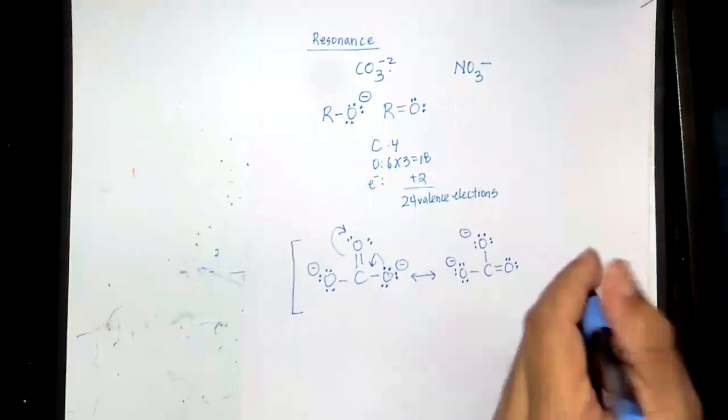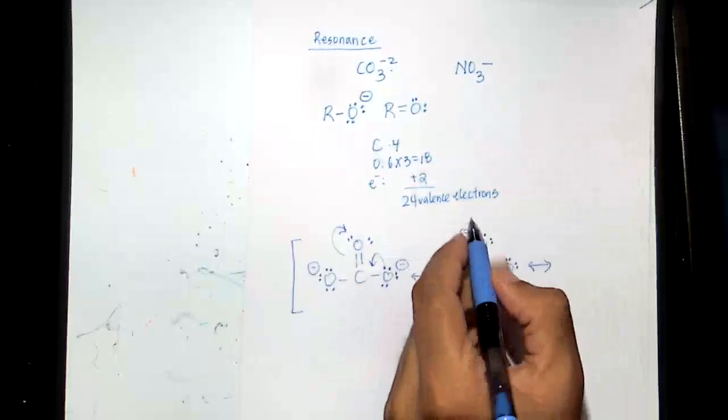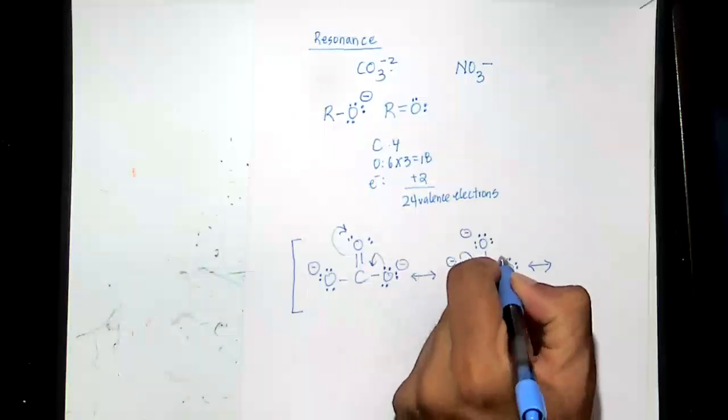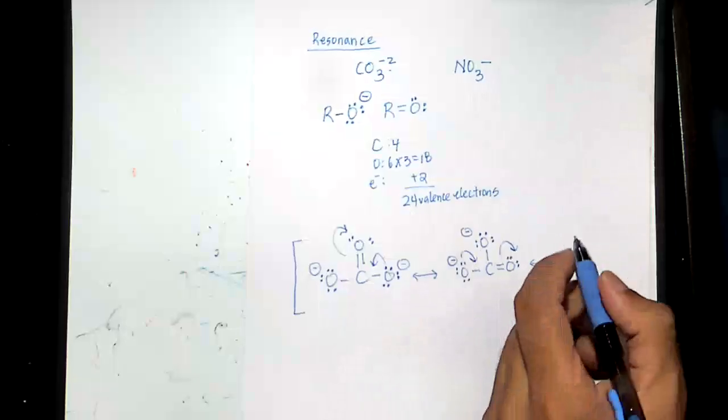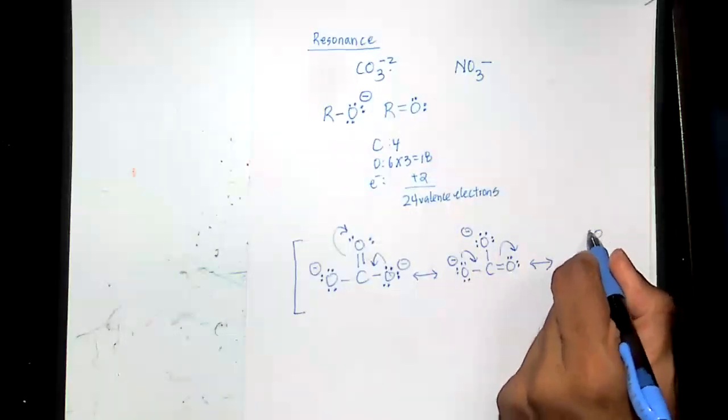Okay, and where else could the next double bond be? On this side, right? So how will we do that? We'll move this pair of electrons here and that one there. All right, so make sure you are good at this.